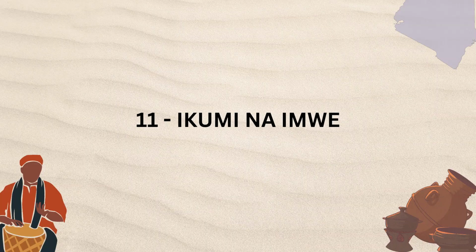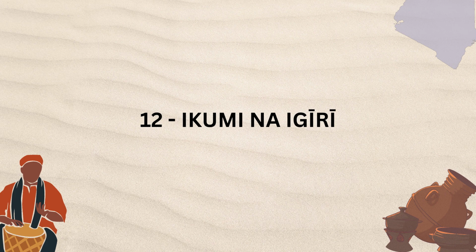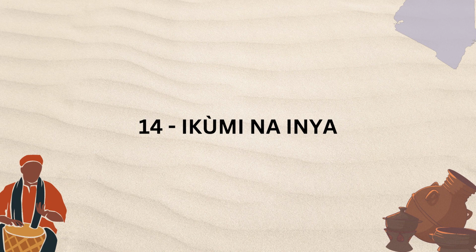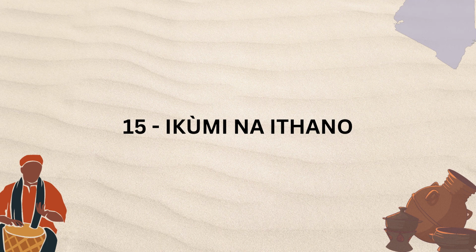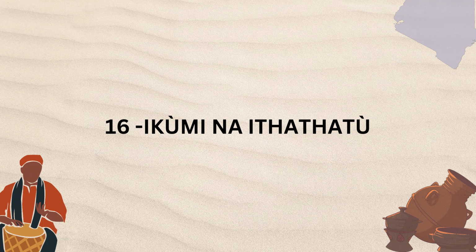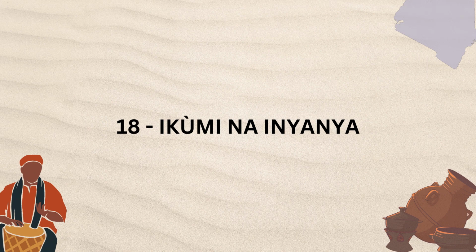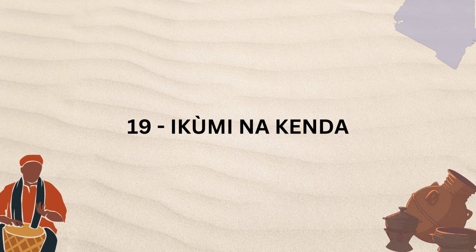So 11, ikũmi na ĩmwe, 12, ikũmi na igĩrĩ, 13, ikũmi na ithatũ, 14, ikũmi na inya, 15, ikũmi na ithano, 16, ikũmi na ithathatũ, 17, ikũmi na mũgwanja, 18, ikũmi na inyanya, 19, ikũmi na kenda.